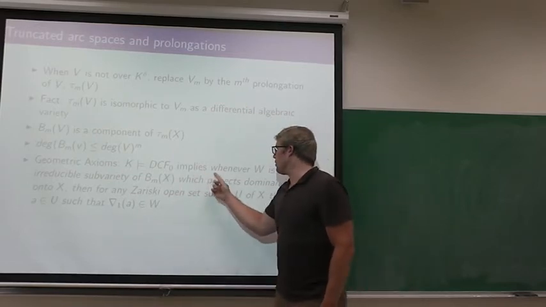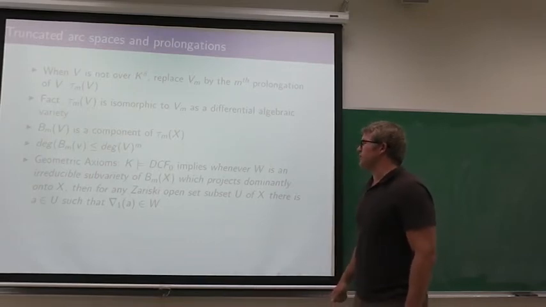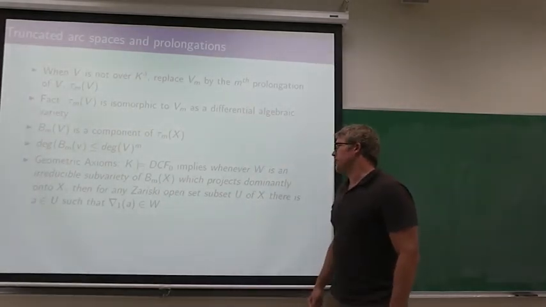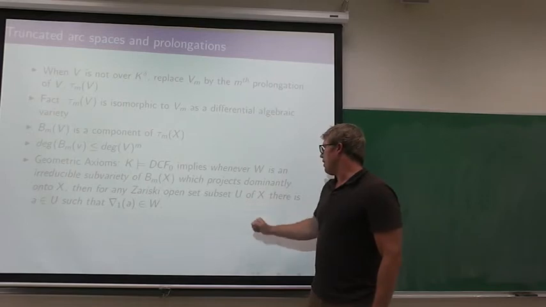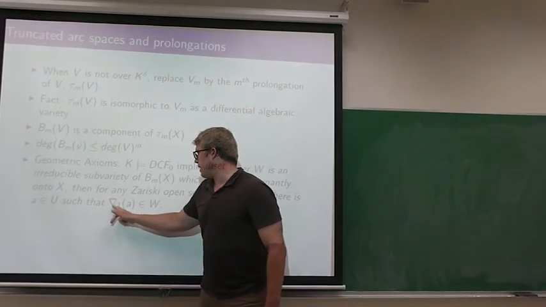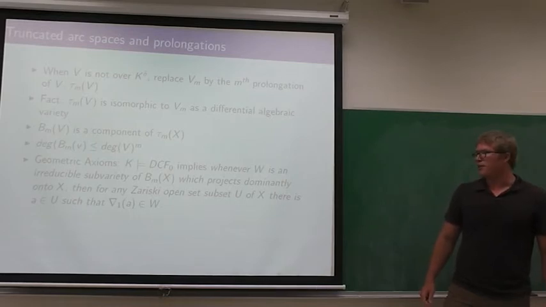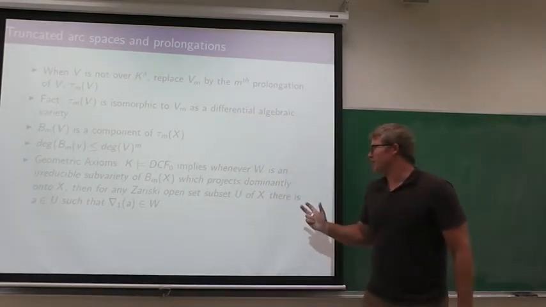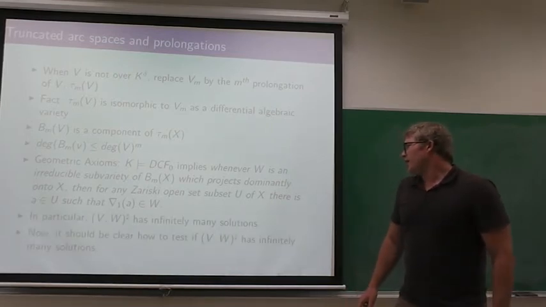If you have a differentially closed field, then whenever W is an irreducible subvariety of this variety B_m of X which projects dominantly onto X, then you can take any Zariski open subset U of the base and find an A so that nabla_m of A is in U. In particular, that would give you infinitely many solutions to that differential equation, because you have a lot of freedom to choose open subsets away from any finite set of elements.